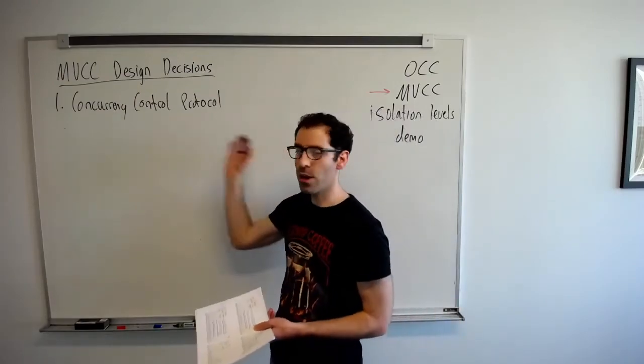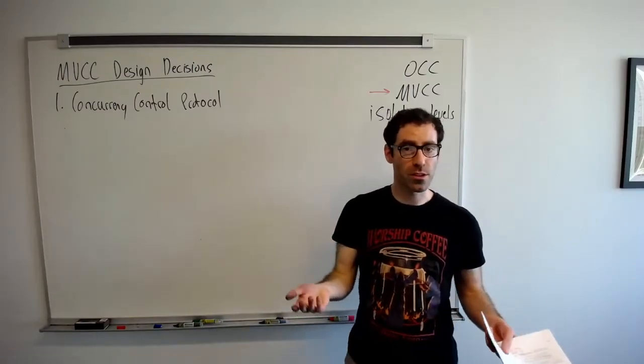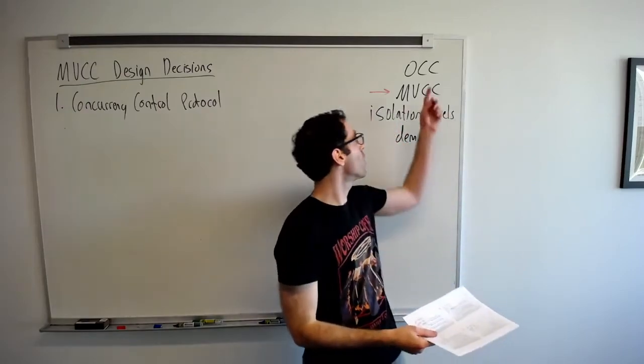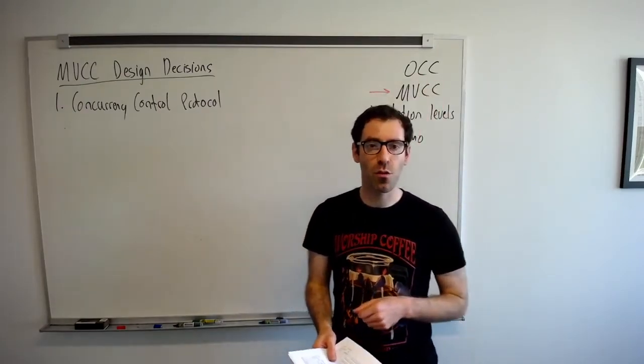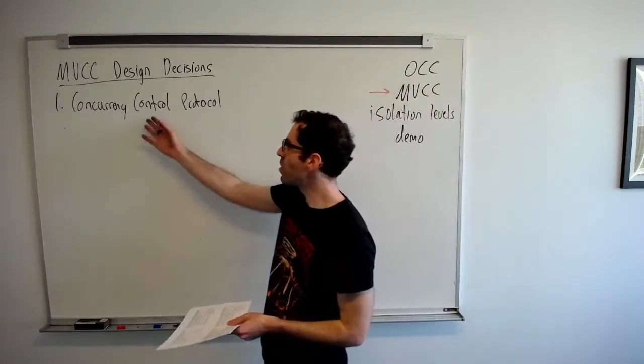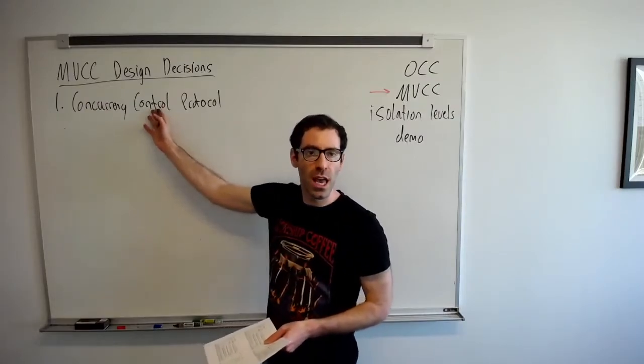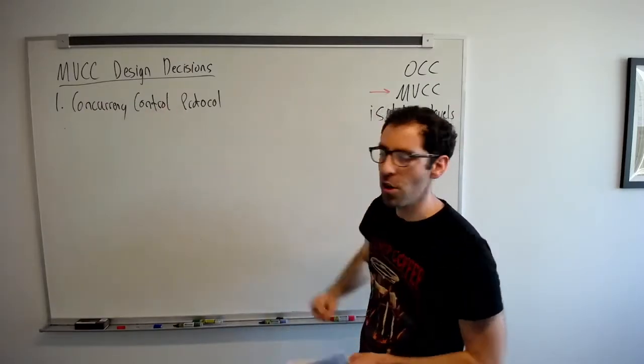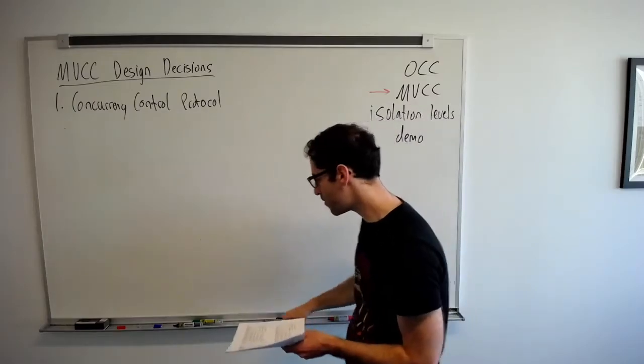That's where the concurrency control protocols that we've previously talked about come in: two-phase locking, optimistic concurrency control from today, or timestamp ordering. Any of those we might use in a system that implements multi-version concurrency control.